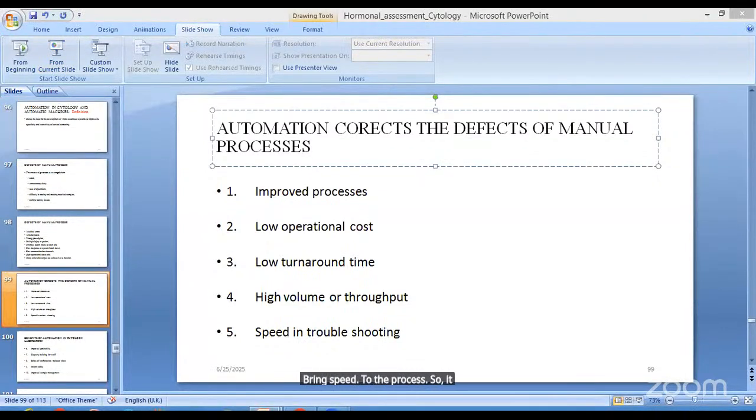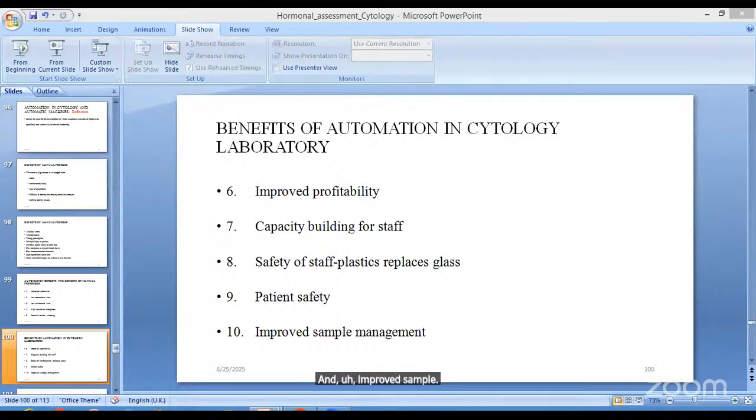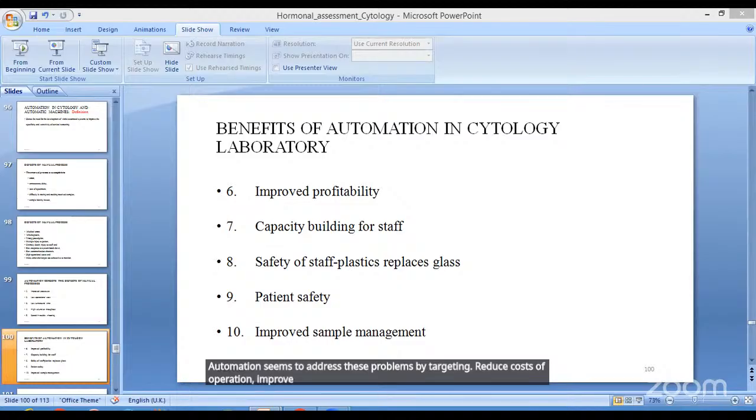So it will improve profitability, capacity building, and staff capacity, manage breakages better, and of course, enhance patient safety and improve sample management. Goals of automation include: automation seeks to address these problems by targeting reduced costs of operation, improved quality, and low turnaround time.